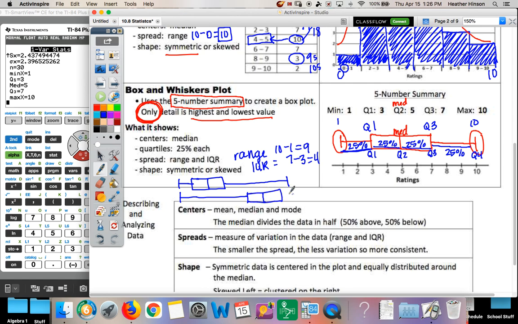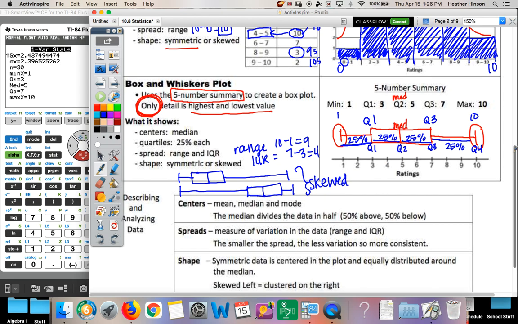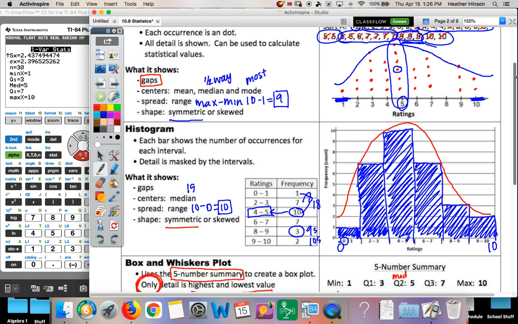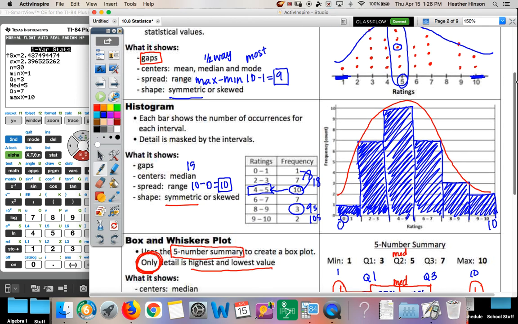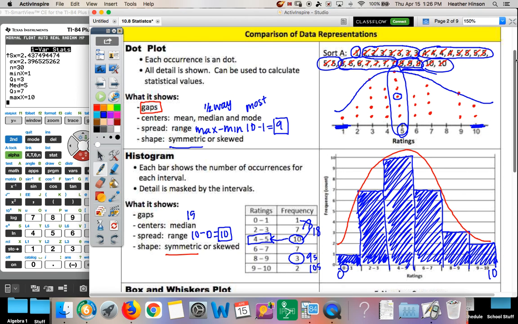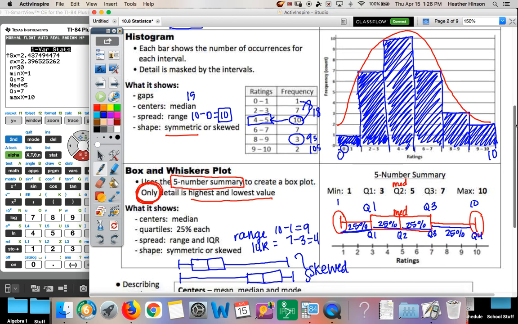That's what skewed looks like. But this one's pretty symmetrical. So these are skewed. So those are our 3 types of graphs. We have dot plots, we have histograms, and we have box and whiskers. You can do data with any of these types of plots.